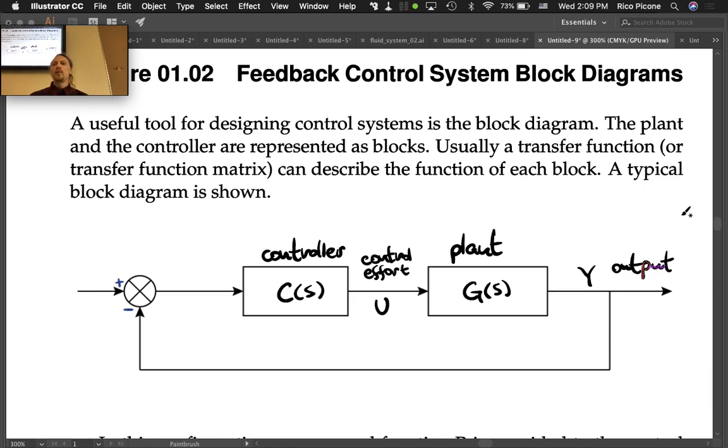This is the variable we want to control. Assuming it's a single output system, we want to control that output. Maybe there are multiple outputs, but we're going to focus on single input, single output plants. And if you do the Control 1 course in the fall, we'll talk about multiple input, multiple output plants.